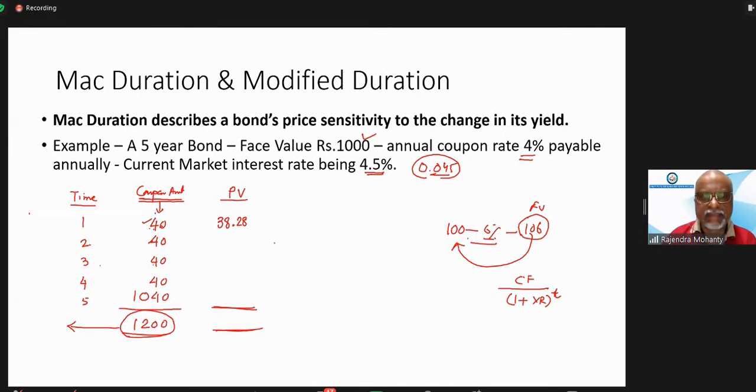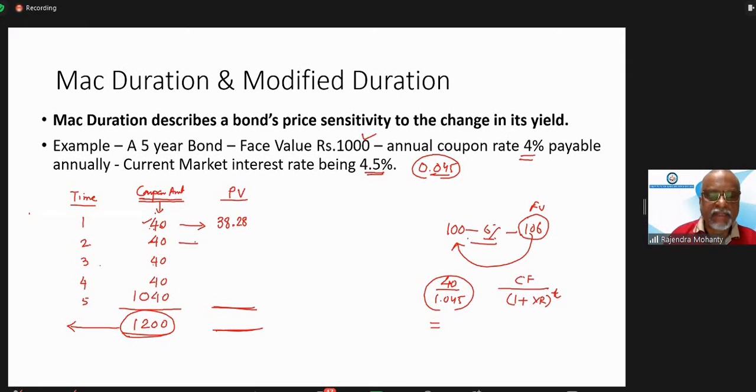Second thing, if you are using a simple calculator, when you enter this first formula, cash flow divided by 1.045, you have calculated 40 divided by 1.045. Simply you got this 38.28. Now you don't have to do anything, just press equal to.